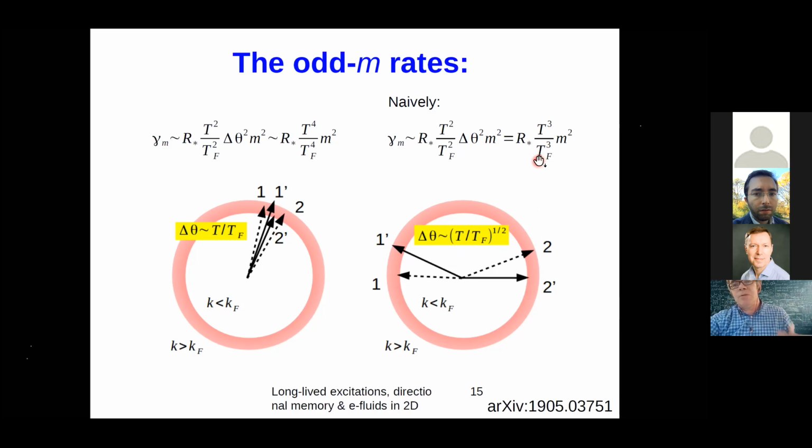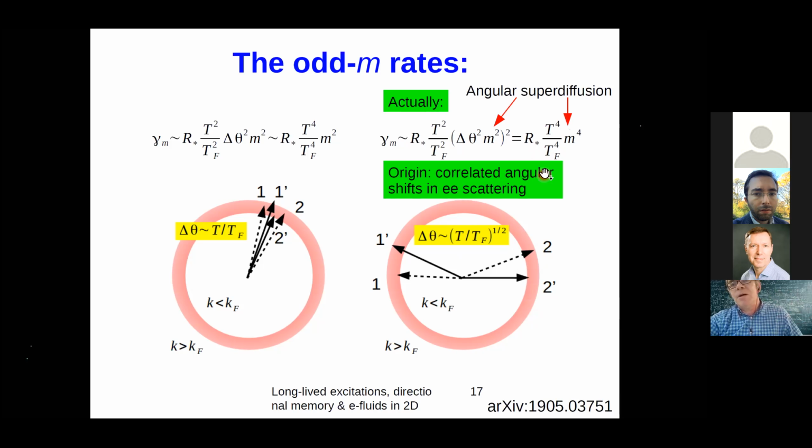But if you think of it more carefully and do it properly, you find that, I want to skip that because it will take too long. We wrote a humongously long paper where it's all explained, and it came out about a year ago. The actual relaxation rates for the odd parity harmonics are still T to the fourth.